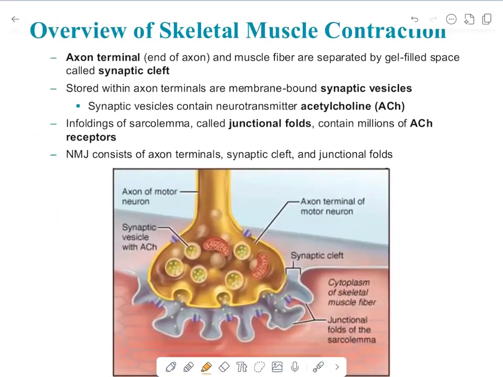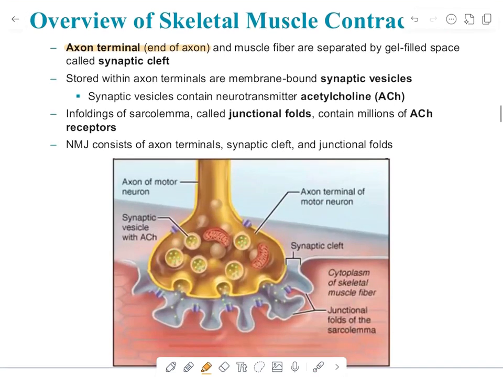It'll be important that you know the steps that occur here. And for lab, you may also need to know the anatomy and identify the different parts of a diagram like this. The axon terminal and the muscle fiber are separated by this gel-filled space called the synaptic cleft.